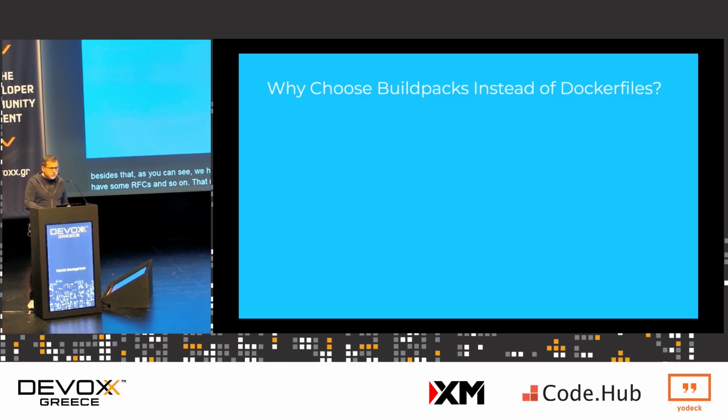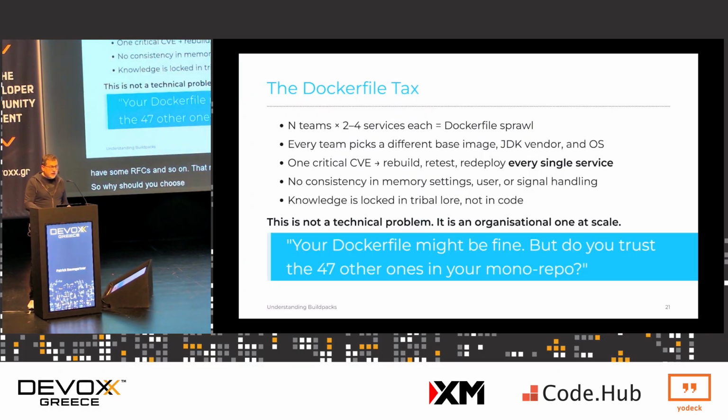So why should you choose Buildpacks instead of Dockerfiles? Imagine your company has N teams, and every team works on 2 to 4 services. That means the number of Dockerfiles is exploding. Imagine every team picks a different base image, a different JDK vendor, a different operating system. Some like Ubuntu, some like Alpine, some want distroless, for example.